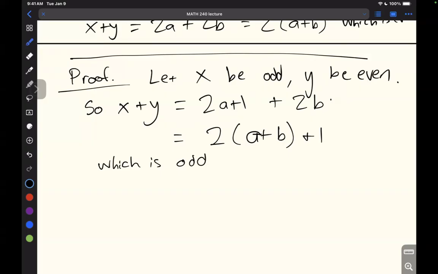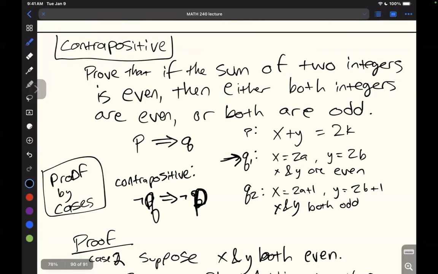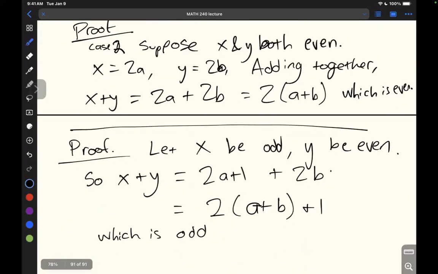And so once we get here, X is odd, Y is even, and we've gotten to the form of an odd number. That's the opposite of what we assumed, right? We assumed this sum would be even. So we've proved the contrapositive. Okay.